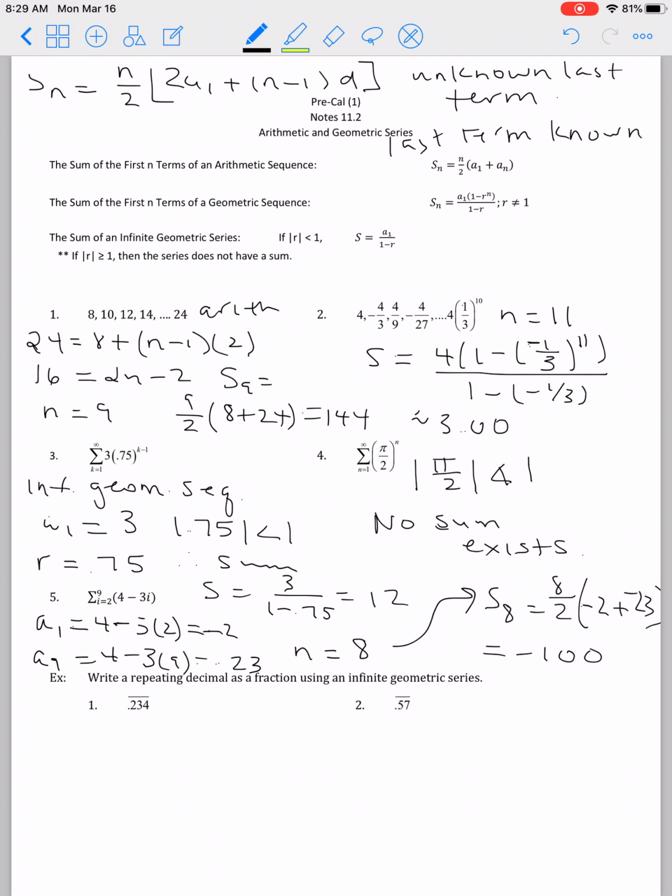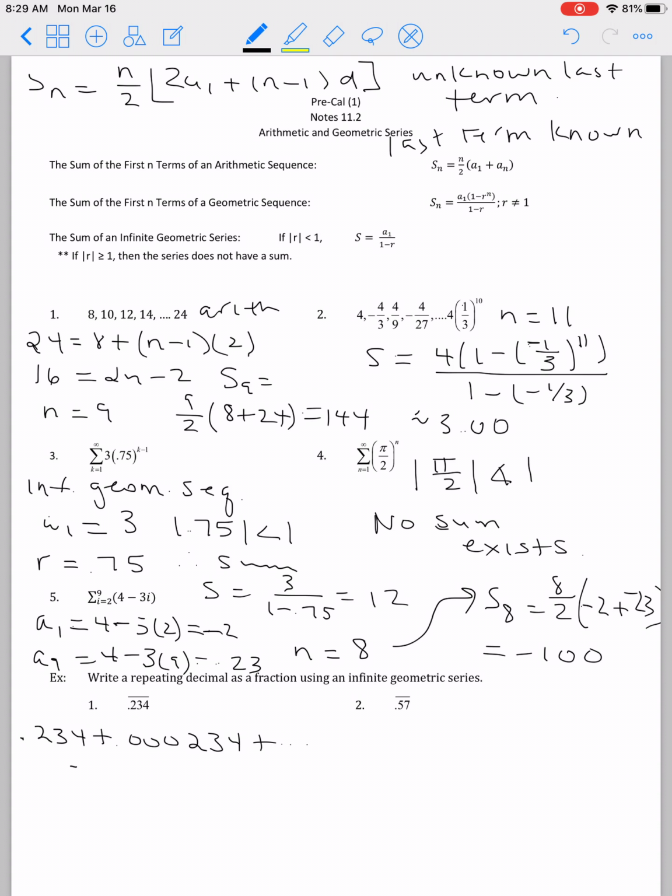Now what we're going to do is write the repeating decimal. So if we stretch this out, this would be 0.234 plus 0.000234 plus and so on.